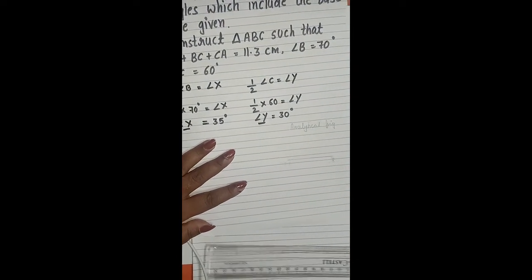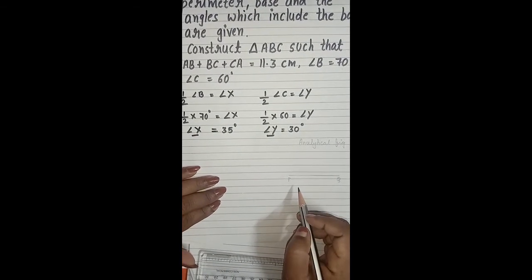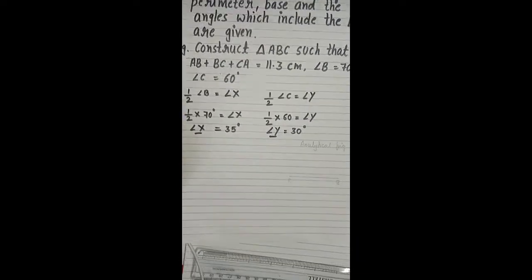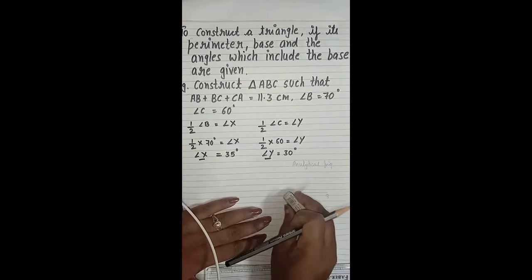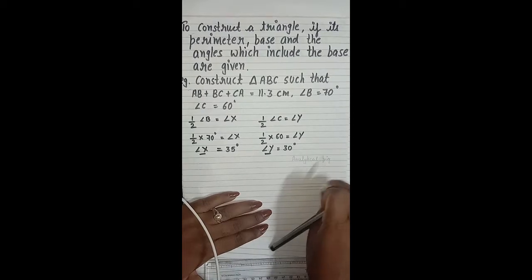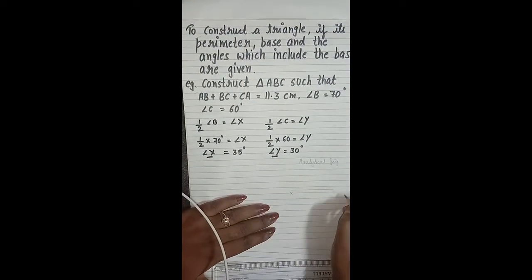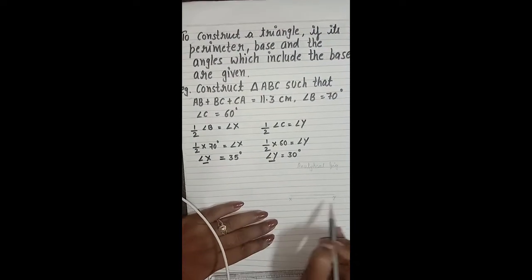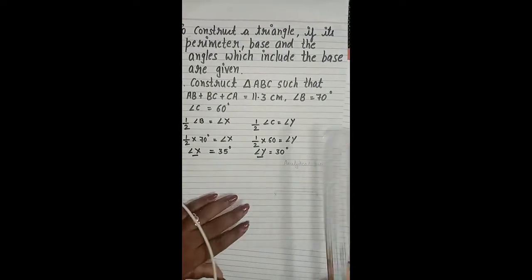I have written PQ, but now instead of P and Q, I have already taken the names angle X and angle Y. Angle X is 35 degrees, so I will draw 35 degrees here.